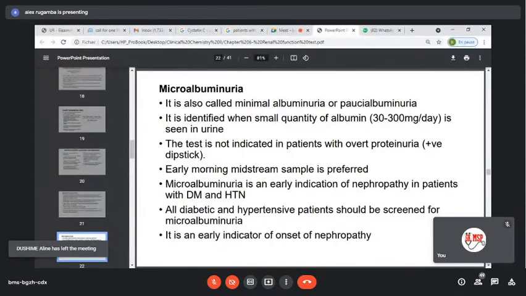A high quantity of microalbumin, above 300 microgram per day, will indicate that there may be a problem of diabetes or of hypertension. This means people with diabetes or hypertension should be screened for this microalbumin.